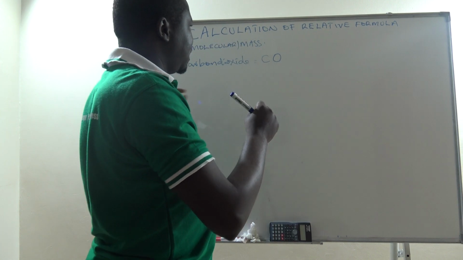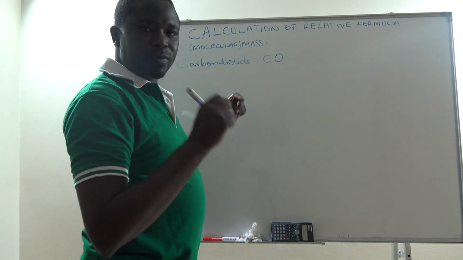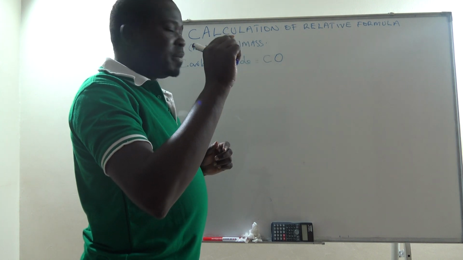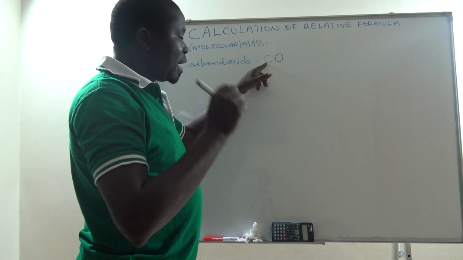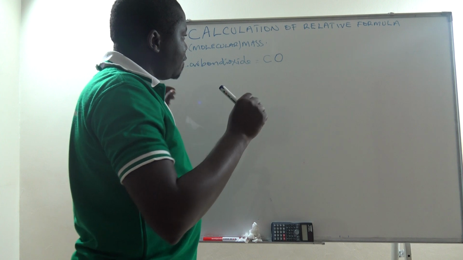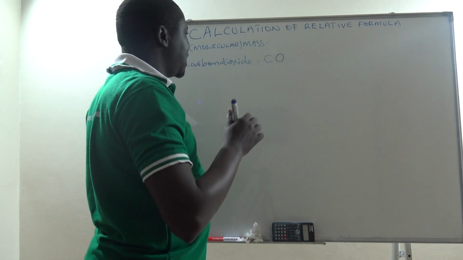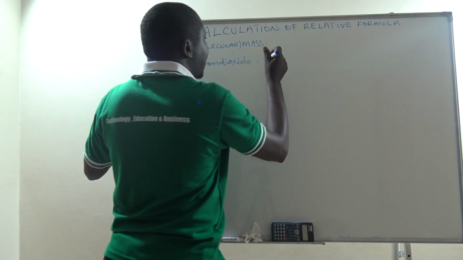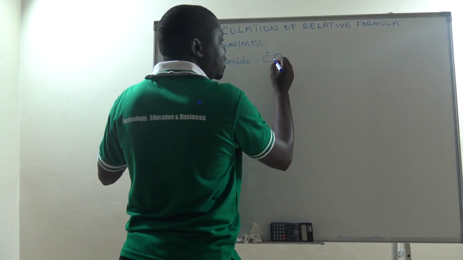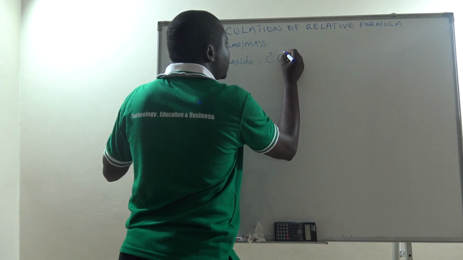The valency of carbon is 4, because the atomic number of carbon is 6, the electronic configuration is 2, 4, and the valency is 8 minus 4, as we had seen the other day. The valency of oxygen, with atomic number 8 and electronic configuration 2, 6, is 2.